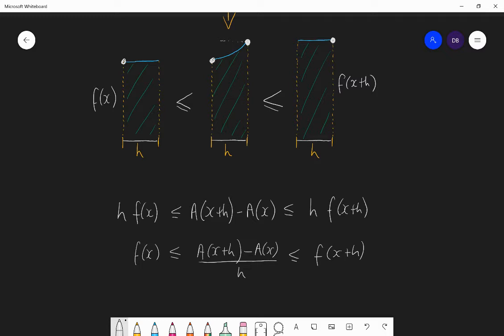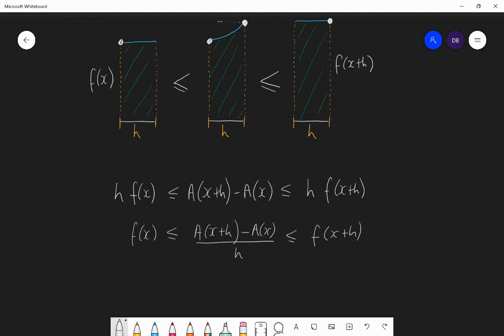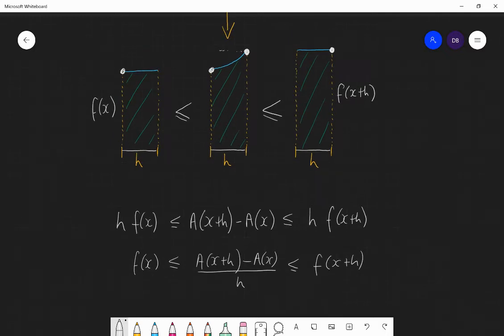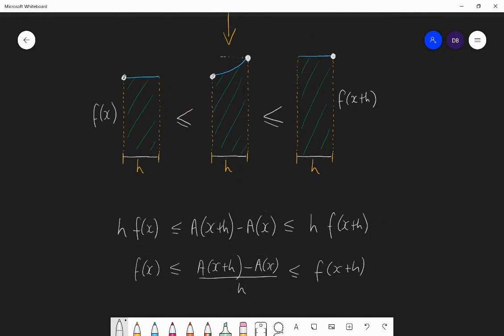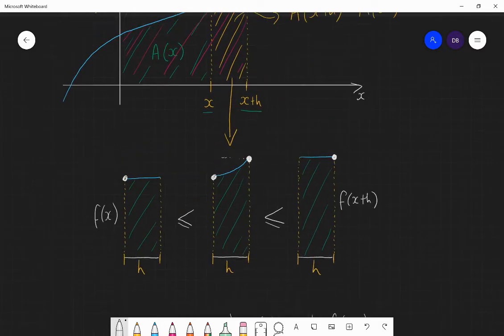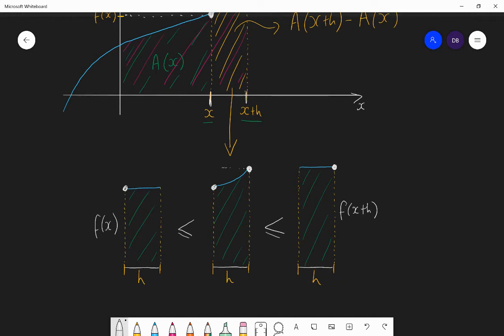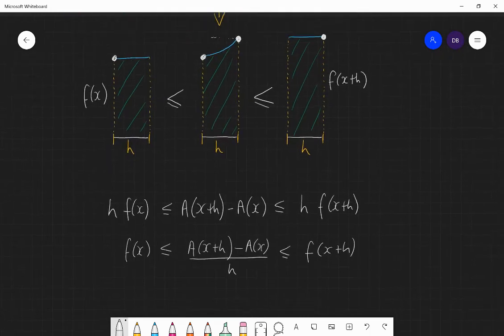Okay. The next thing I'm going to do is take the limit of all three of these parts of this inequality as we make h tend towards 0. So as we bring the two vertical lines closer and closer together, so as we bring x and x plus h closer and closer together, so h tends towards 0, so x plus h gets closer and closer to x, what's going to happen to these values?